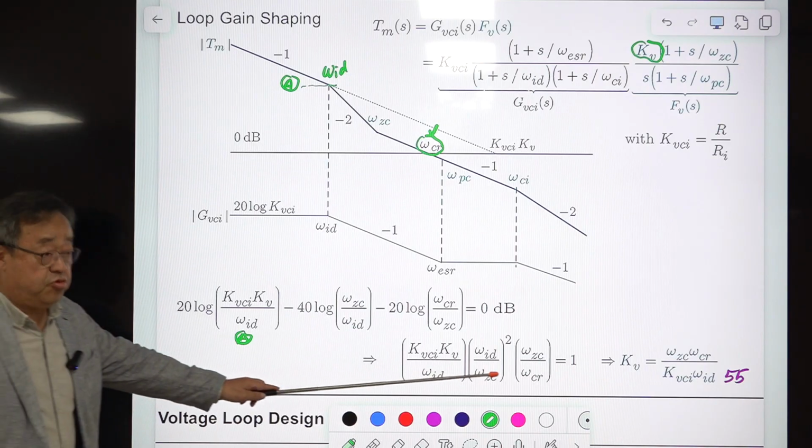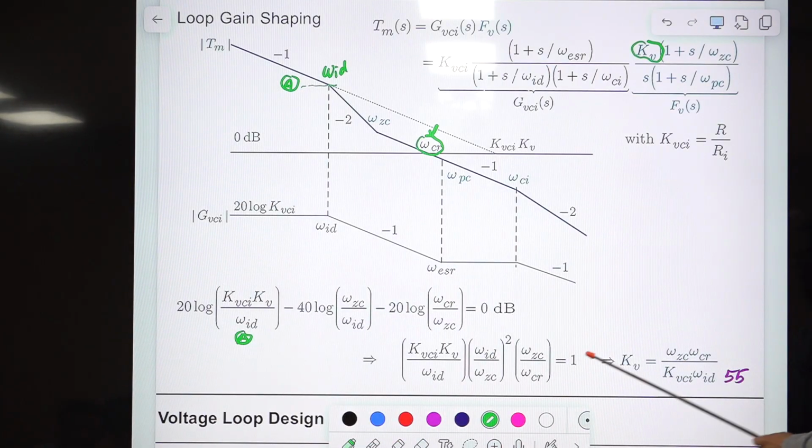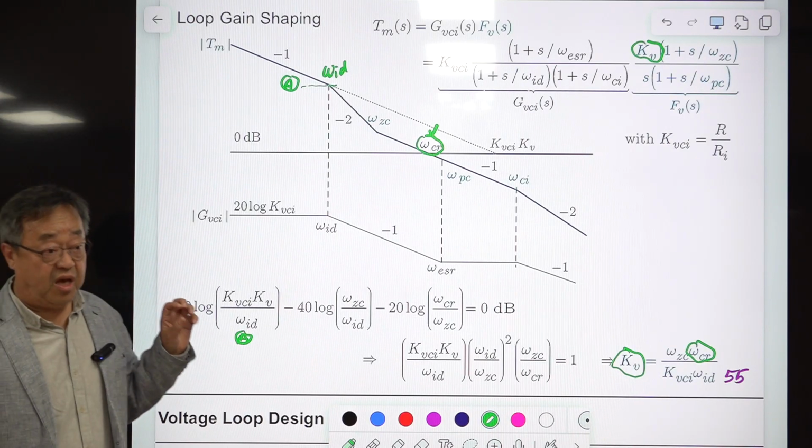You change this to a linear equation, then this is the design equation. Suppose omega CR is determined somehow, then this KB provides omega CR as the loop gain crossover frequency. So you don't need to calculate anything other than this. It's called algebra on graphics.